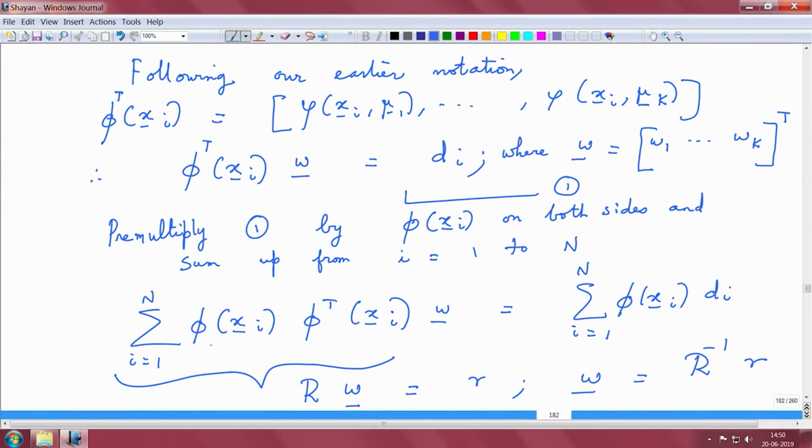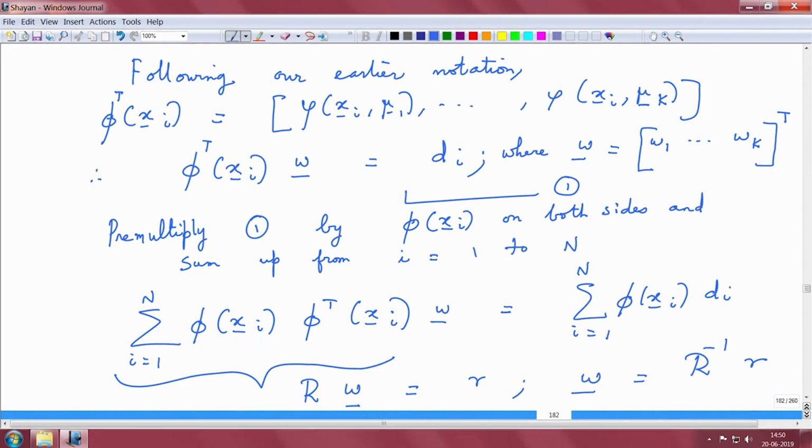We have phi transpose of xi pre-multiplied by phi of xi. I sum this, i equals 1 to capital N, times W equals the summation i equals 1 to N of phi of xi times di. Right, di is a scalar and phi of xi is a vector, so I can take them in any order I want. Here I have to be careful because I have to pre-multiply appropriately.